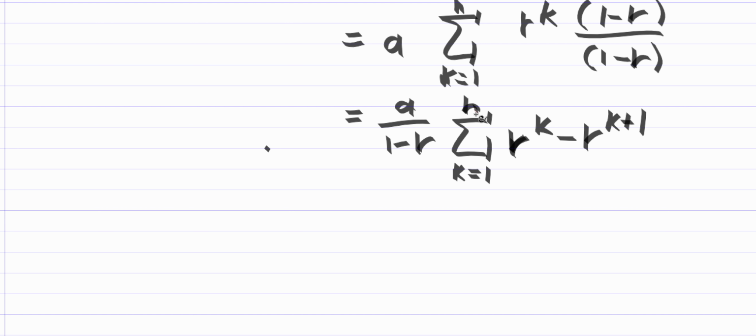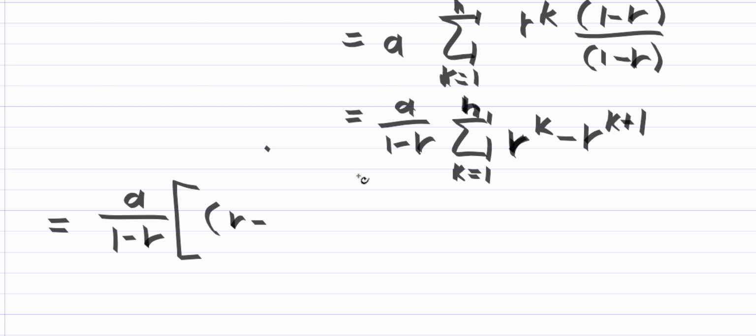So this is a very interesting insight. So it benefits us to expand this out. So let's look at what happens here. So what is the k equals 1 term? Well, I have r, and then I'll have minus r to the 1 plus 1, which is r squared. That's the k equals 1 term. How about the k is equal to 2 term? When k is equal to 2, well, I get an r squared, and then I have 2 plus 1 is 3.